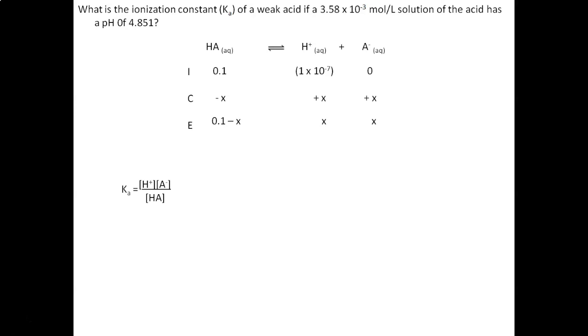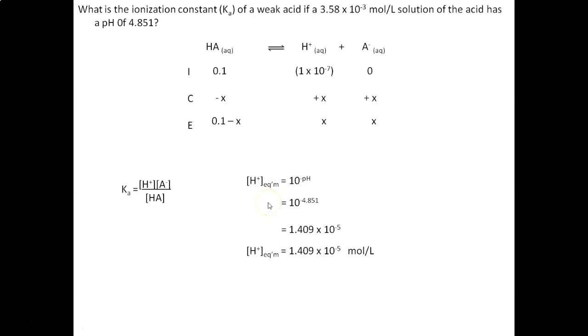Now in this case I don't know either my X value or my Ka. However, I do know my pH. And we know that my proton concentration is equal to 10 to the negative pH. And with weak acids, it would be my equilibrium concentration.